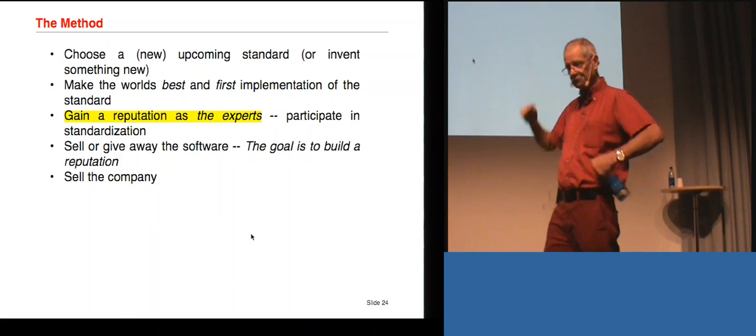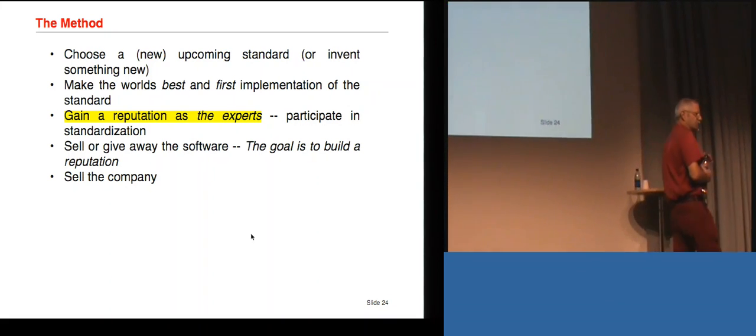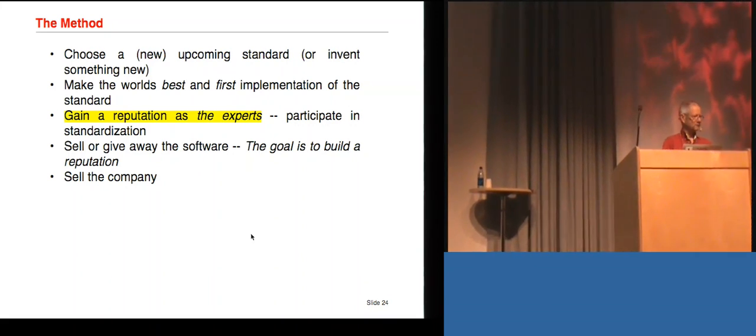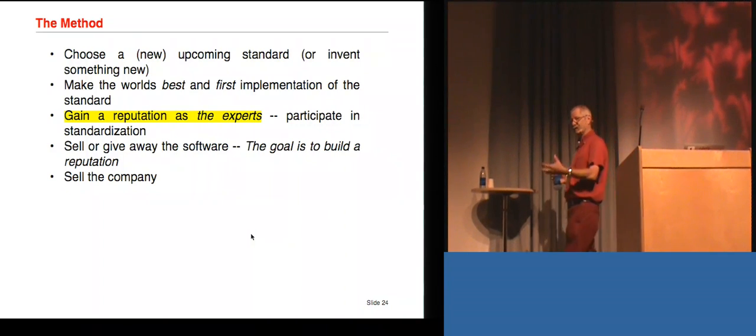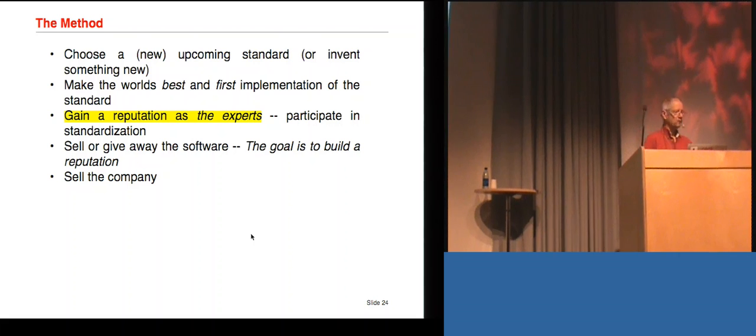The other example is the TailF company, who chose the NETCONF standard because they thought, well, network configuration, NETCONF is going to get big in a few years' time. It's a standard that's greatly needed. And so they went in and implemented NETCONF in Erlang, and they were the first with decent NETCONF products.